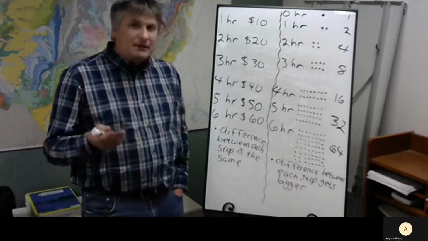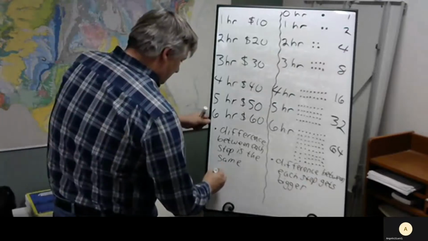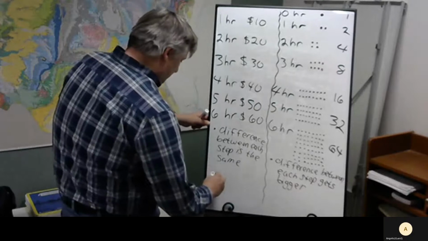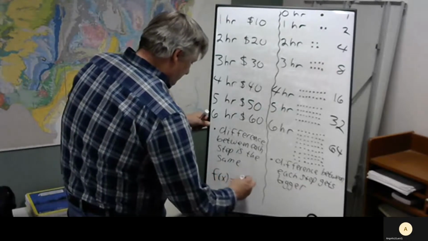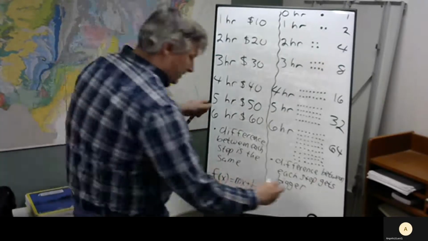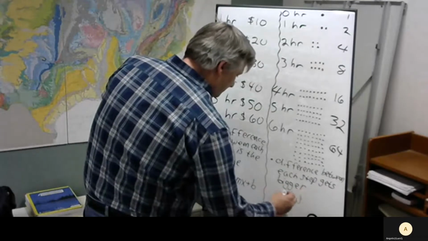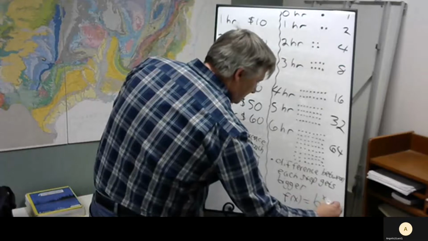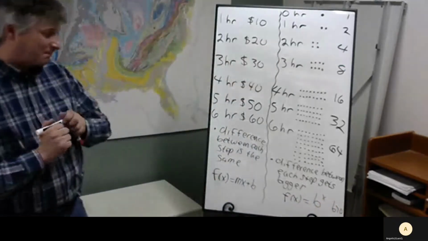Now, for linear, we typically describe things using y, or we'll use the function notation. We use f of x equals mx plus b. While for this one, the function we're going to use is f of x equals b to the x, for b greater than 0.